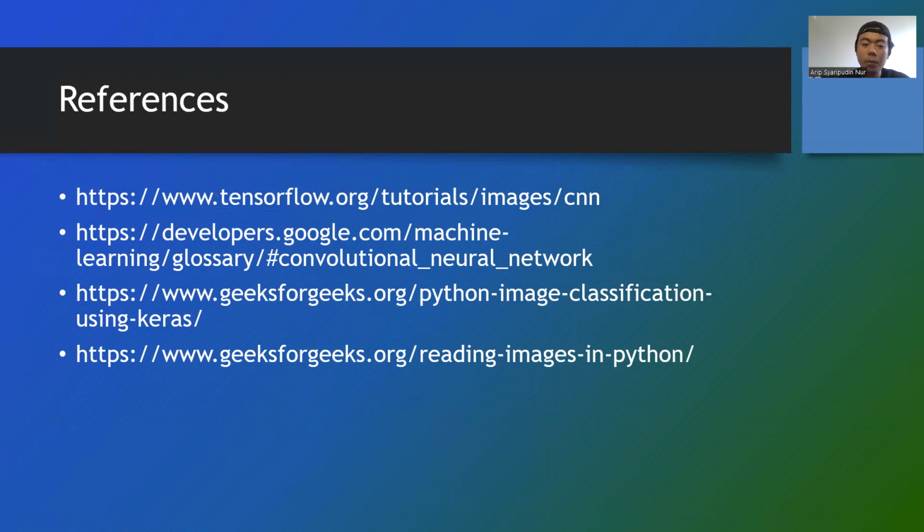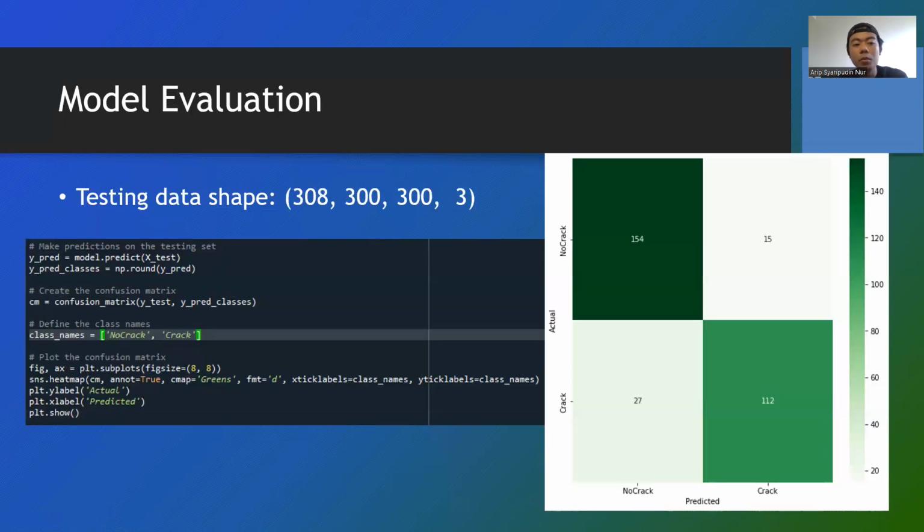So after all, the CNN, convolutional neural network model, can be used to classify roads with crack or no cracks with a high accuracy, about 86%.